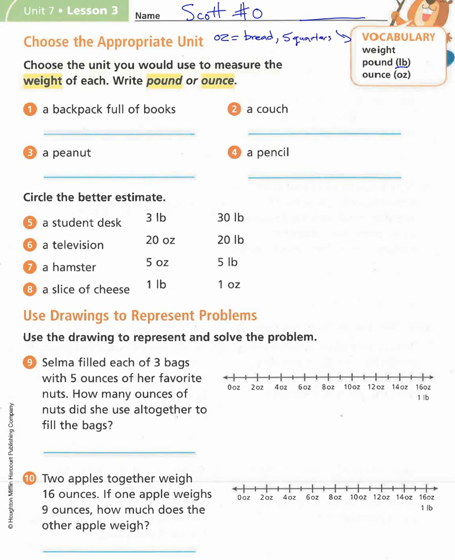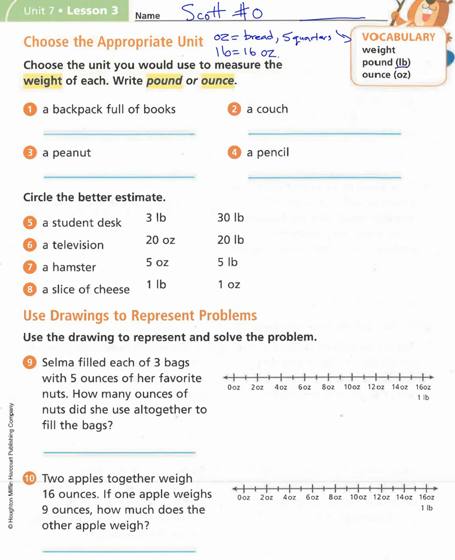That's what an ounce is. And a pound, an LB, a pound is 16 ounces. So a pound is 16 of those. So he also said that's about the weight of a soccer ball and some other things. So you can tell a pound is a larger unit of measure, ounces are smaller.